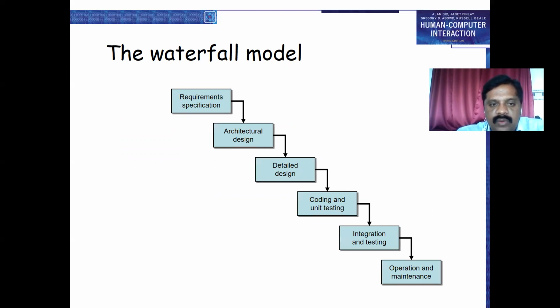In the waterfall model, we have 6 phases. The first one is requirement specification, then architectural design, detailed design, coding and unit testing, integration and testing, operations and maintenance. These are the 6 stages in the waterfall model for developing software.